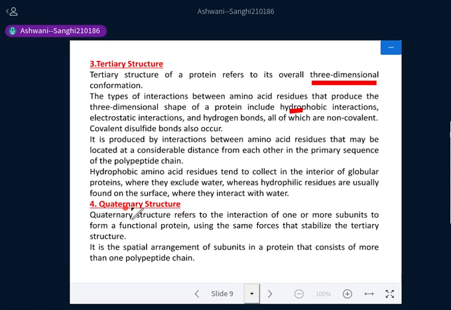Then the quaternary structure of protein contains all these bonds: peptide bond, hydrogen bond, disulfide bond, hydrophobic interaction and ionic interaction. All these bonds are present in the same chain and in different chains.